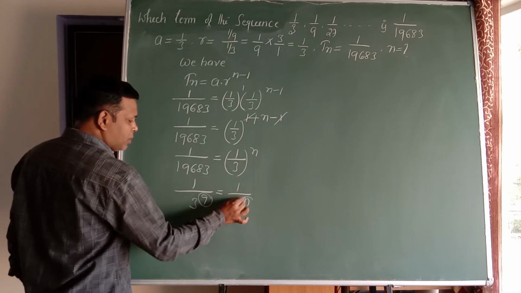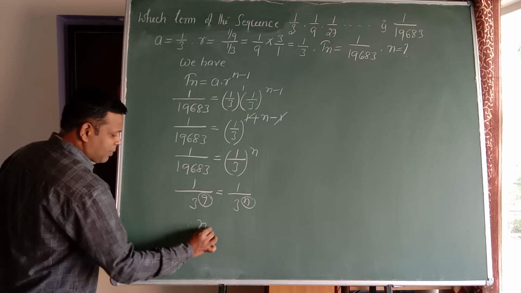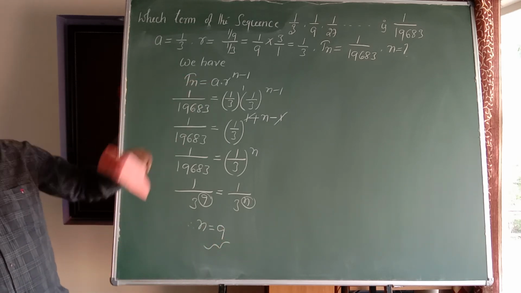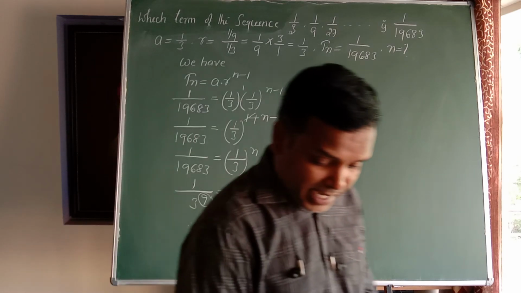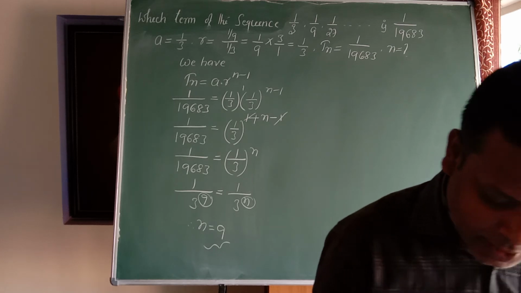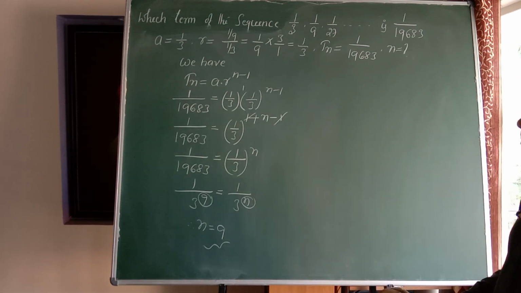Here 9 should be equal to n. Therefore n is equal to 9. Therefore the ninth term becomes 1 over 19683. Check once again.